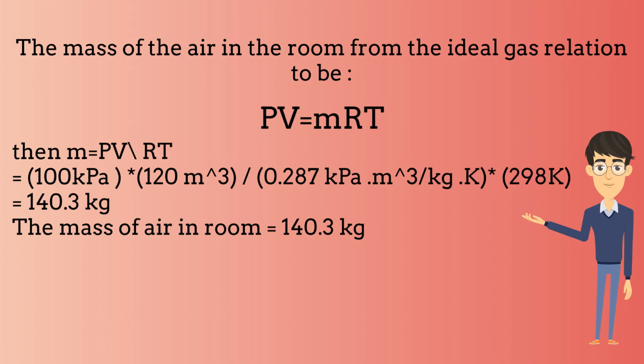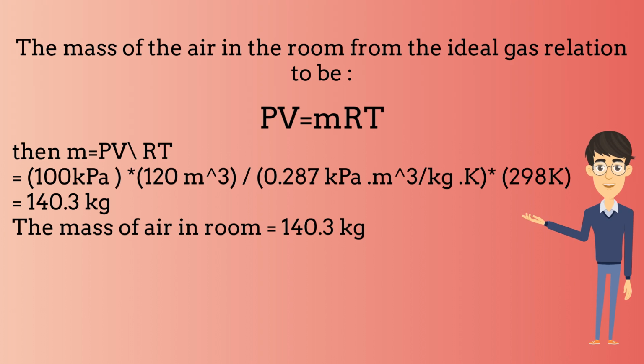So we have the pressure and the volume, and we have the R from the table, and we have the temperature from the question. So we need to find the mass. Then we can say that m equals the pressure multiplied by the volume, divided by the temperature multiplied by R.